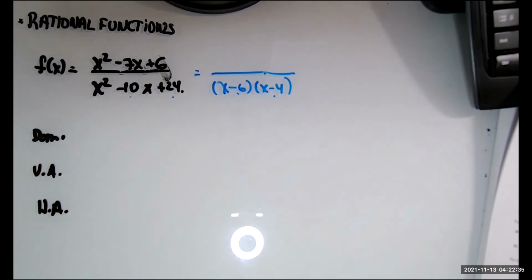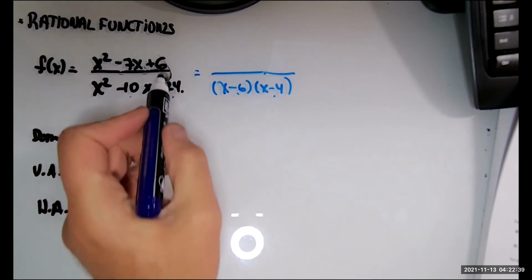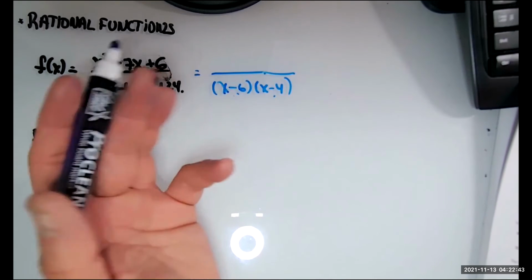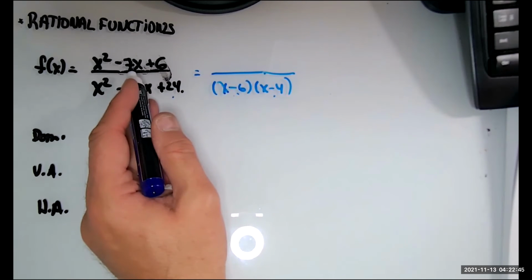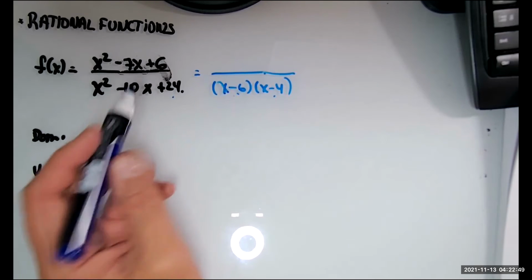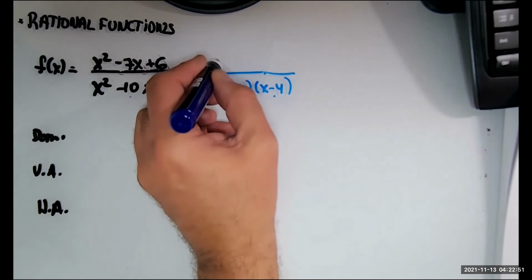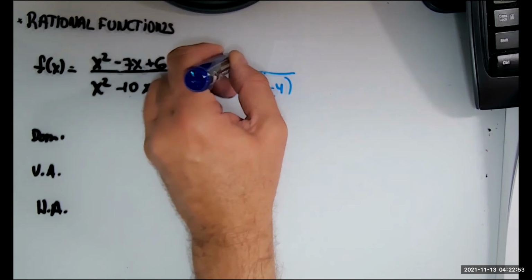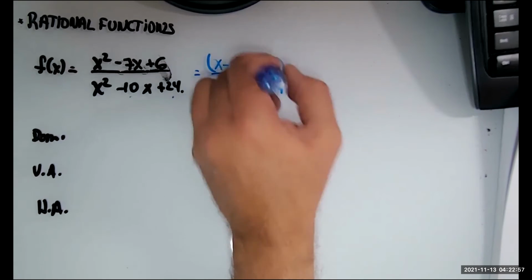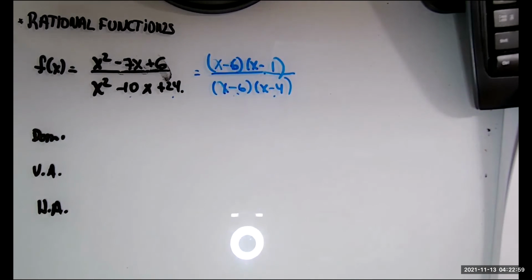Okay, there you go. So let's see what happens. Factors of positive 6 that give me negative 7: negative 1 times negative 6 is positive 6, and negative 1 plus negative 6 is negative 7. So the numerator factors as x minus 6 times x minus 1, if I'm not mistaken.